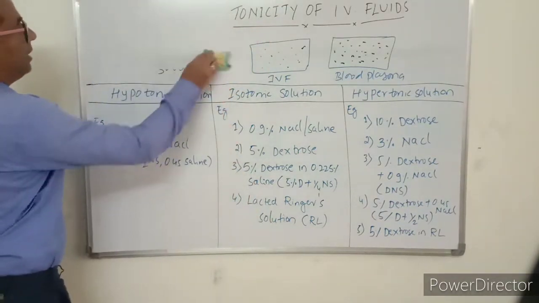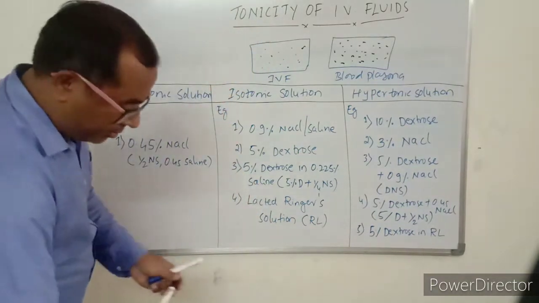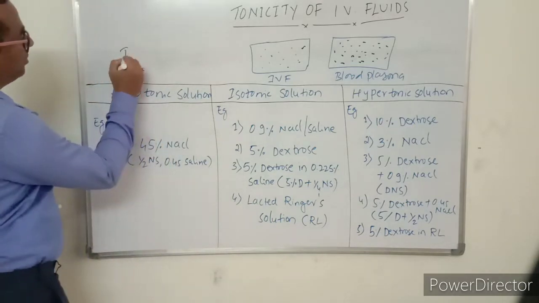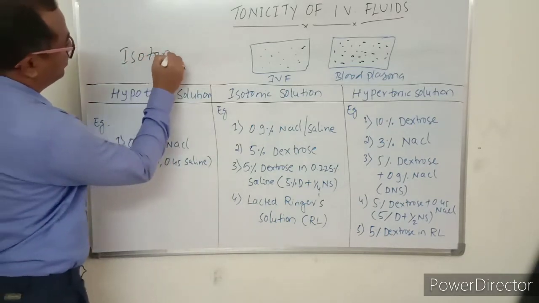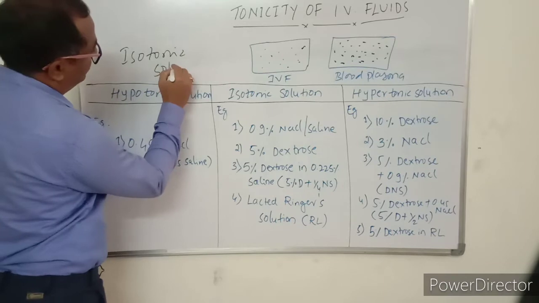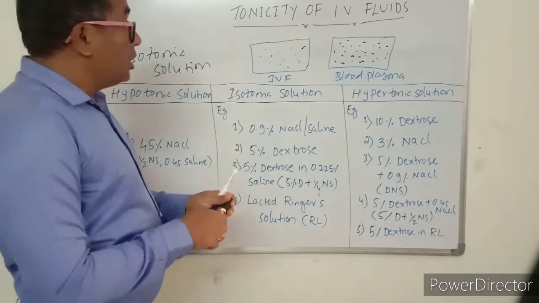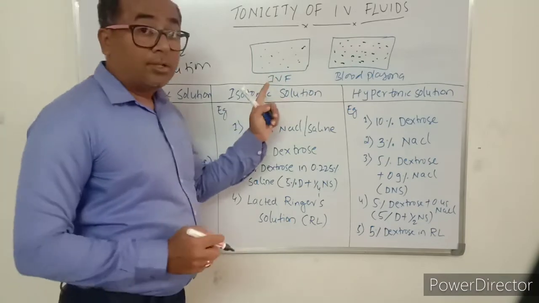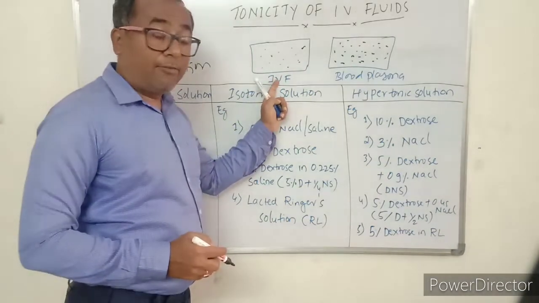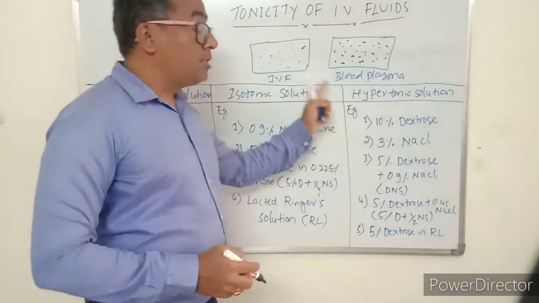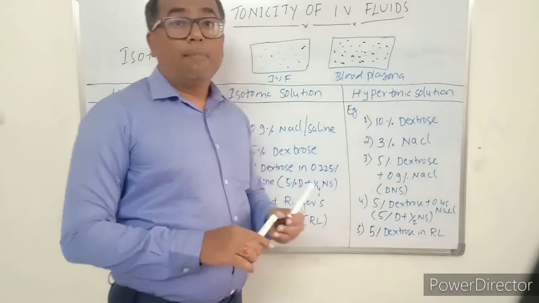So let's see the isotonic solution. What do you mean by isotonic solution? In isotonic solution, the concentration of solutes present in the IV fluid is equal to the concentration of solutes present in the blood plasma.